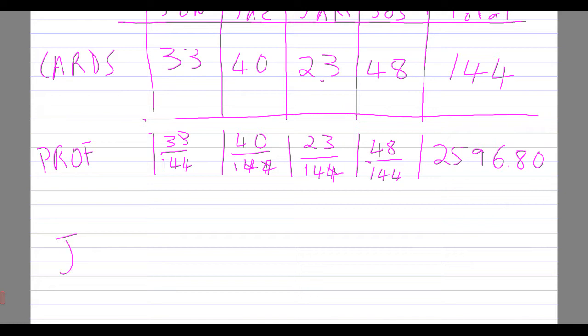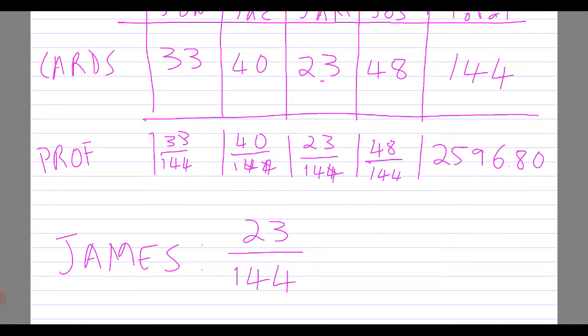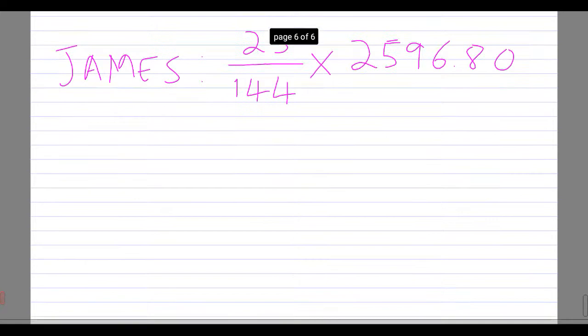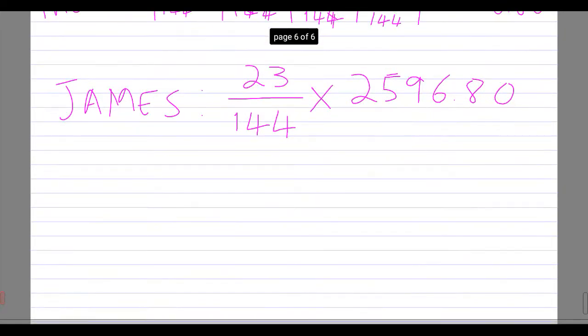He sold 23 out of 144 memory cards. So we take this ratio and multiply it by the total profit made to get James' portion of the profit.